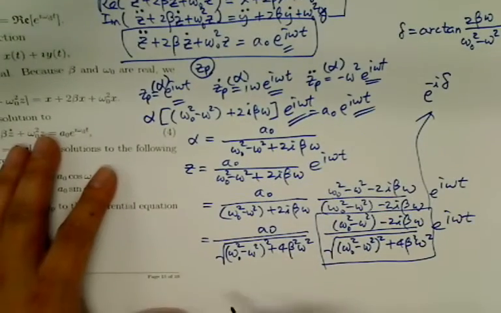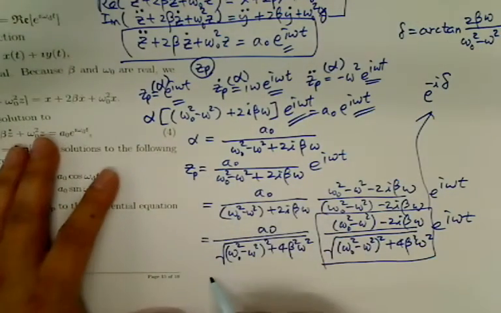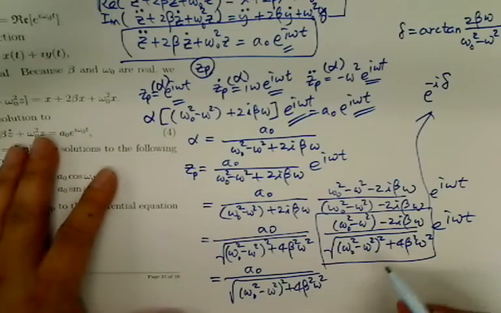As a result, our final result for the particular solution is A0 over the square root of omega 0 squared minus omega squared, all squared, plus 4 beta squared omega squared, times e to the i omega t minus delta.